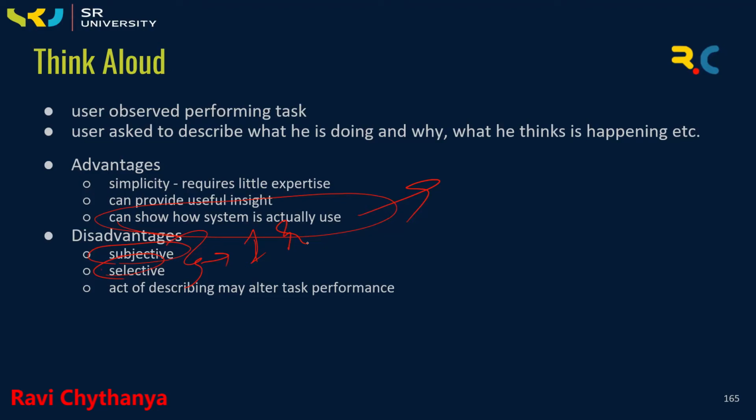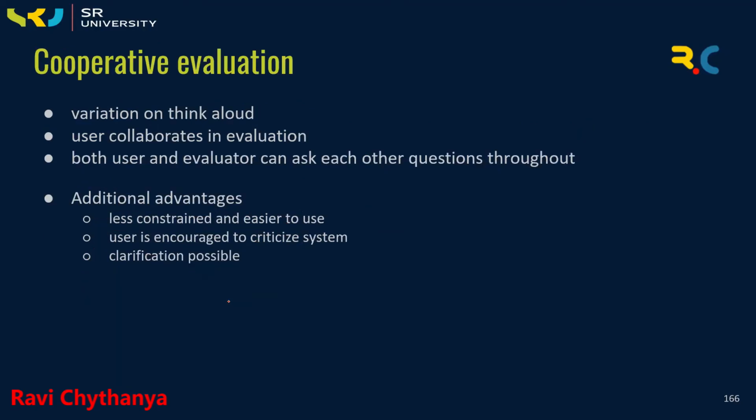And the act of describing may alter task performance. The describing alters the task performance because the user concentrates on describing only, and does not perform the task in a fully concentrated way. So this is the first one, the think aloud.